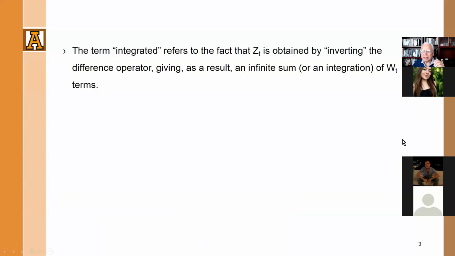Now, why is it called integrated? If you look at the expression we had before, we defined WT as the difference of ZT. So in a sense, we can express ZT as, what I'm writing is not correct, but anyway, the difference operator to the minus d applied to WT.